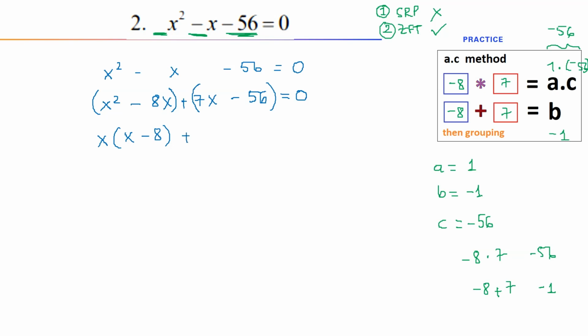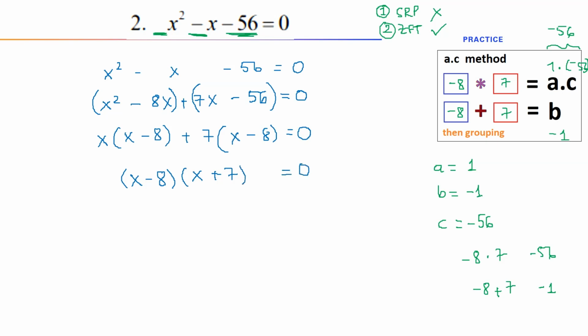For the second group, we have 7 in common, so 7 out, left with x minus 8 inside, equals 0. Now we see that x minus 8 is in common, right? So we take that out one more time. We factor out x minus 8, left over with x plus 7.